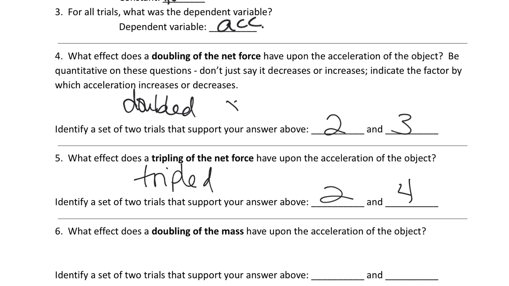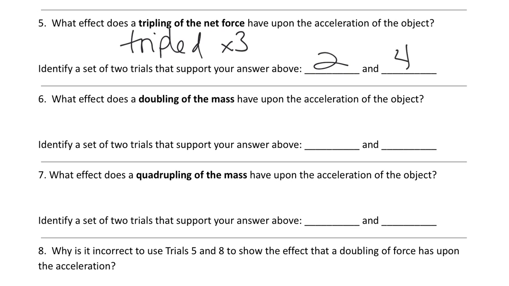So doubled means times 2, and tripled means times 3. All right, awesome. What happened when you looked at double the mass, though? Oh, it halved. That's right. So it halved, or times 1/2, or you could also just talk about dividing by 2. Multiplying by 1/2, dividing by 2, same thing.